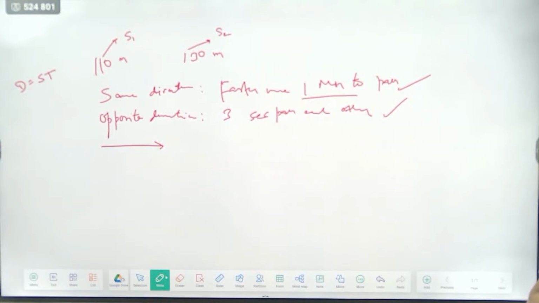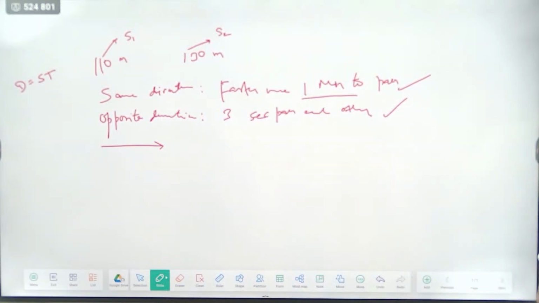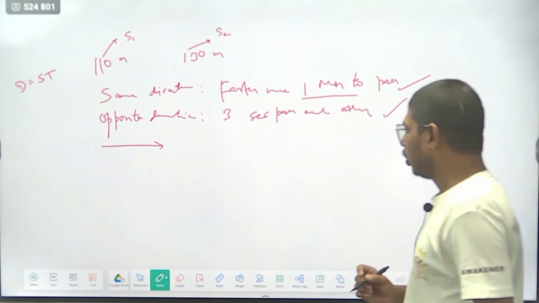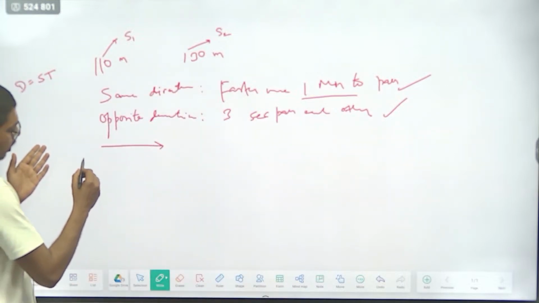You are close. You need to work on that. That's the sum and the difference of the velocities. So this means they are in the same direction.